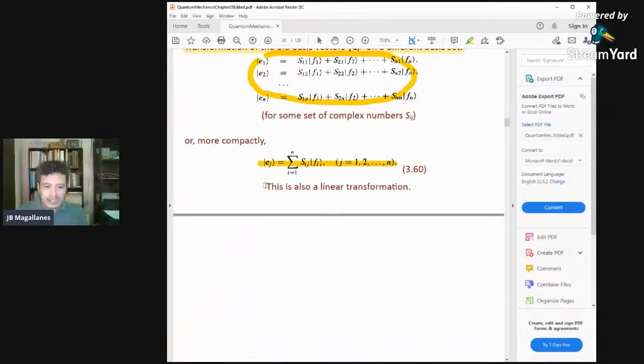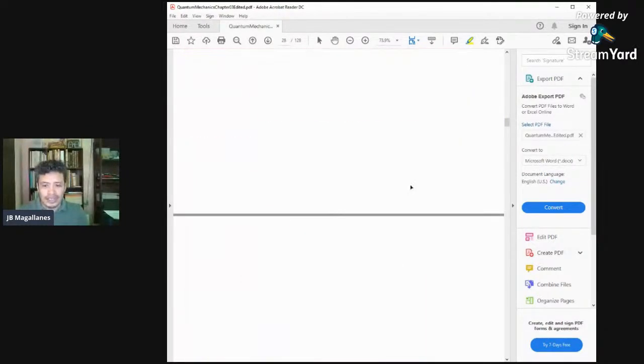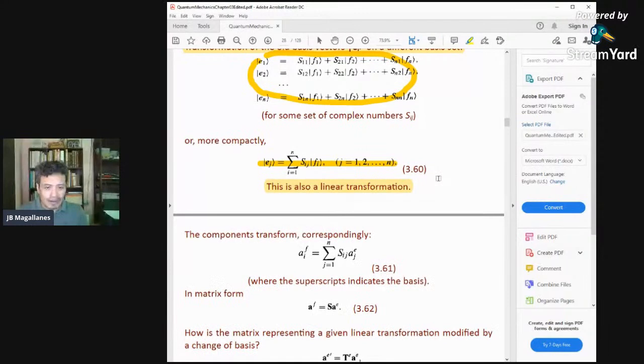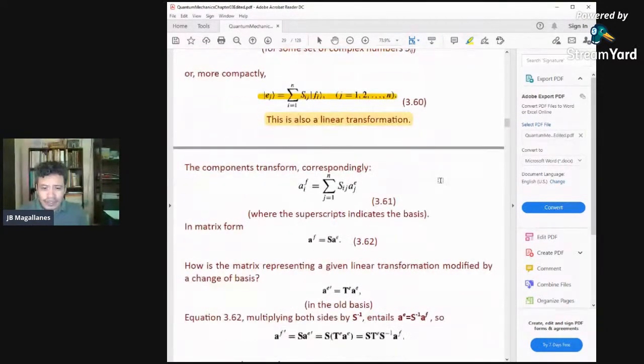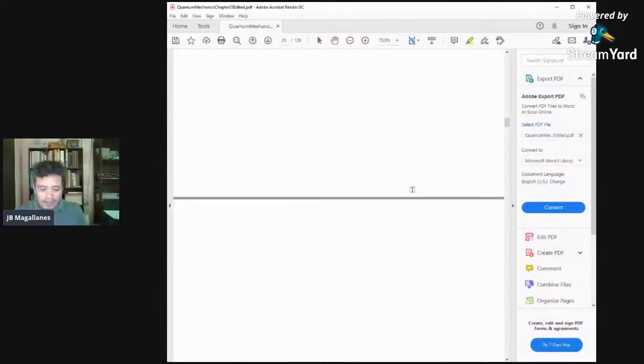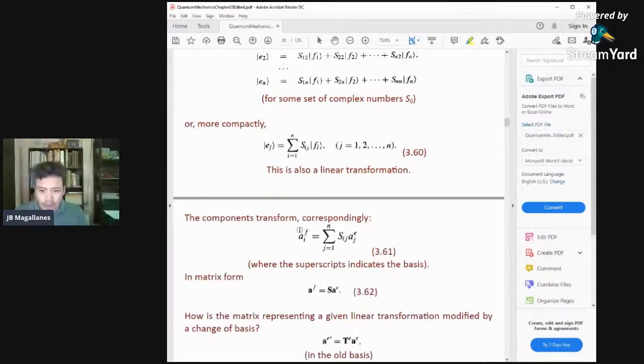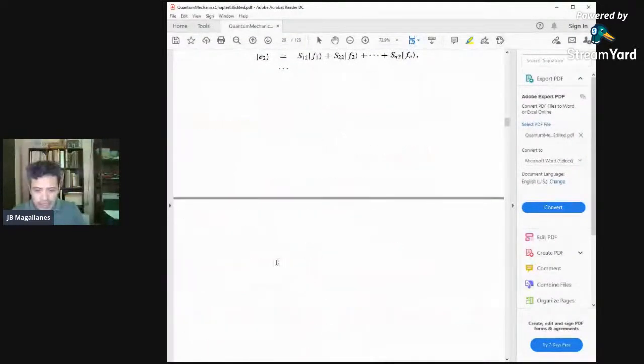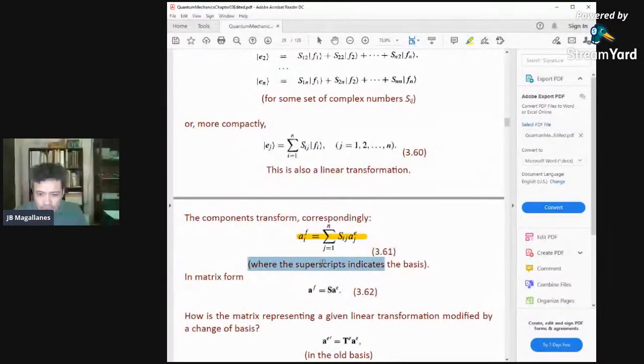So this is also a linear transformation. The components can also be given by that, as the previous equation has told us. The superscript indicates the basis.